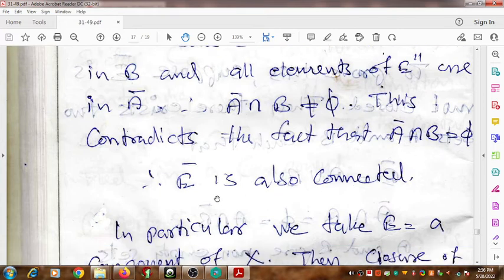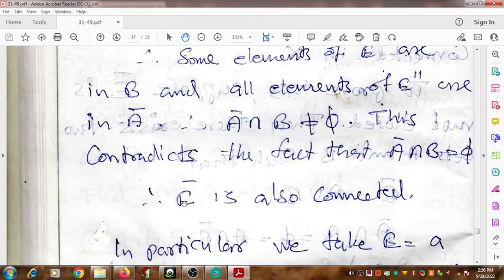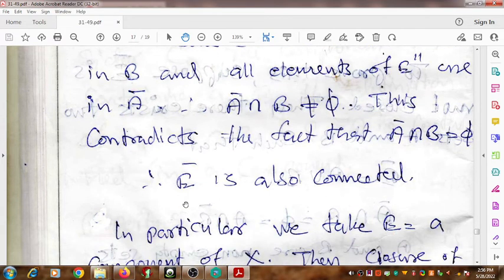Therefore we have to conclude that closure of E is also connected. We have to correct the assumption that closure of E is disconnected.